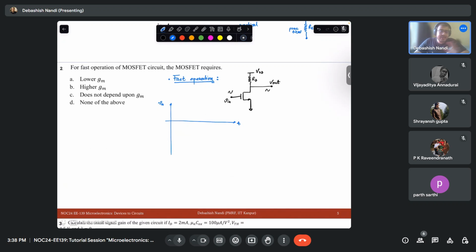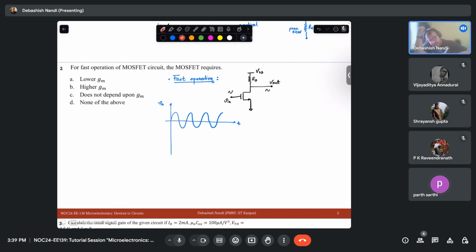Fast means it has to do with time. You require a lesser amount of time. The lesser the time required for input to travel to the output, the faster the circuit will be. So let's say this is your input signal.